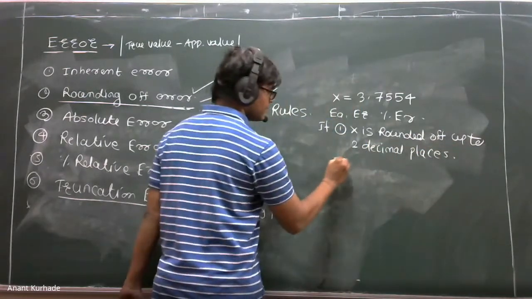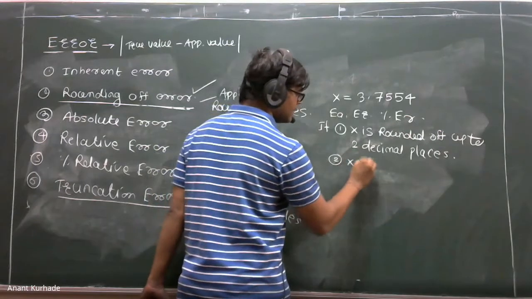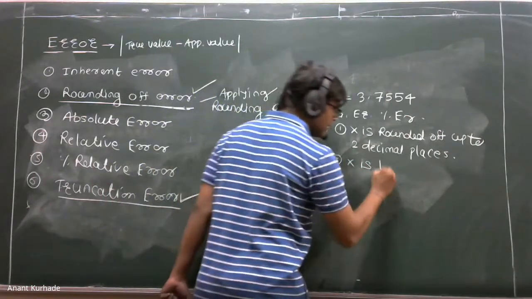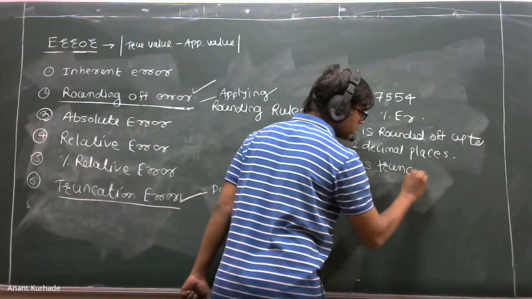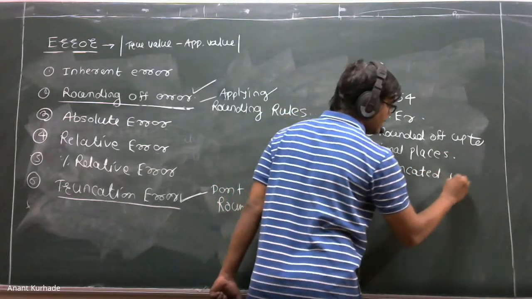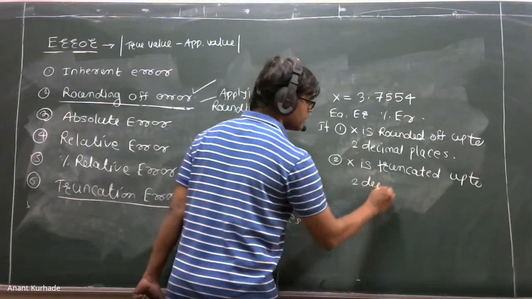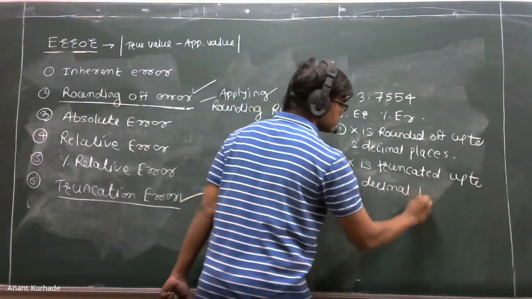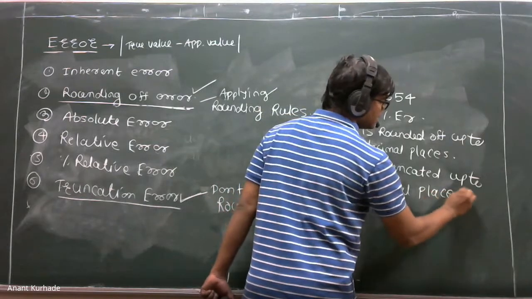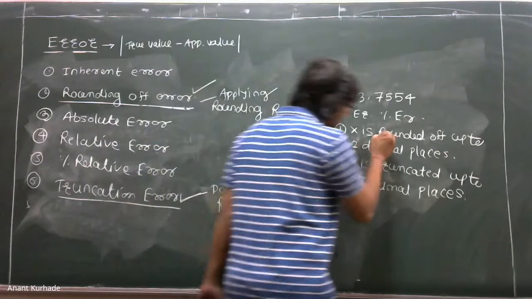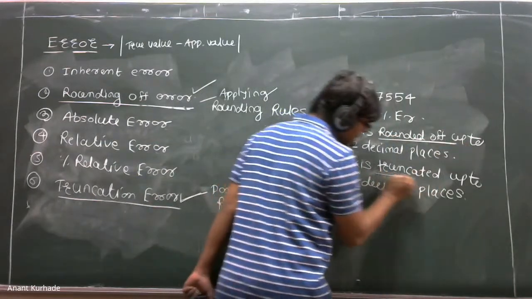And second, if X is truncated, this is important, truncated up to two decimal places. Now see the meaning of rounded and truncated.